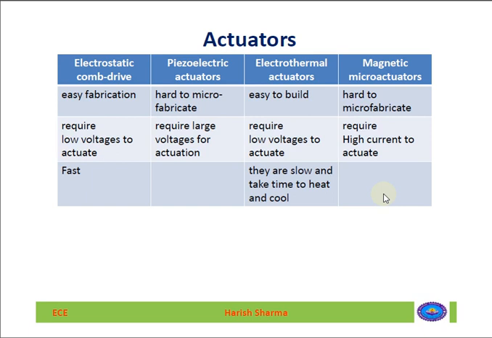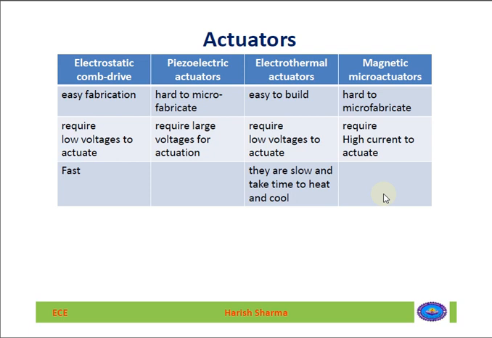Electrostatic comb drives are easy to fabricate. Piezoelectric actuators are a little bit hard to microfabricate, electrothermal actuators are easy to build, and magnetic actuators are also hard to microfabricate because they require making a coil and magnets also.